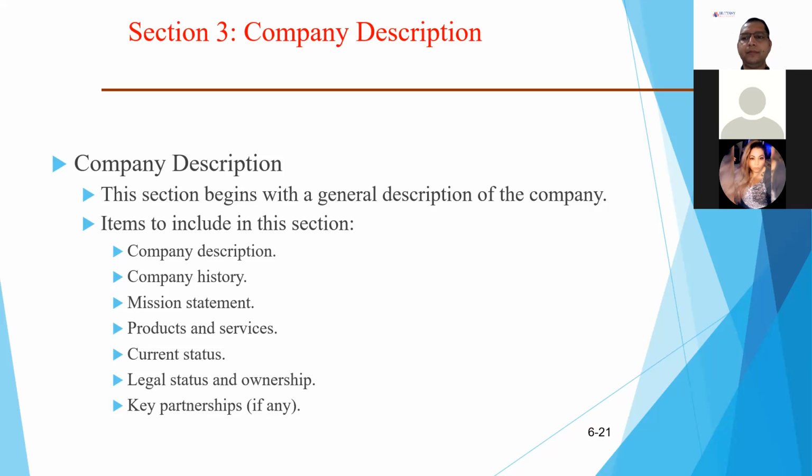You need to give some highlights about the market differentiation, how your product or services are different from the other competitors, and what the salient features are. What is the current status, the legal status of the ownership, the company registration, how many owners, do you have any partnership, etc. You can put all this information in section 3.